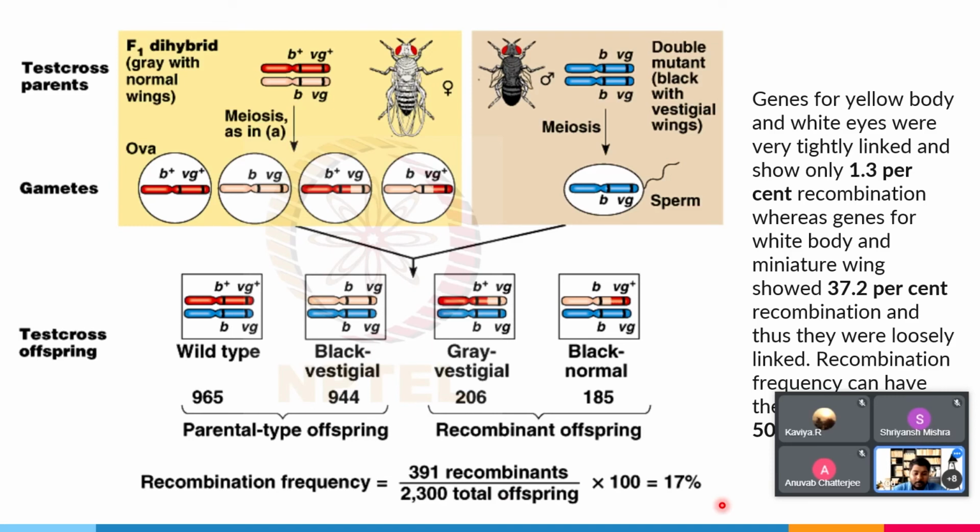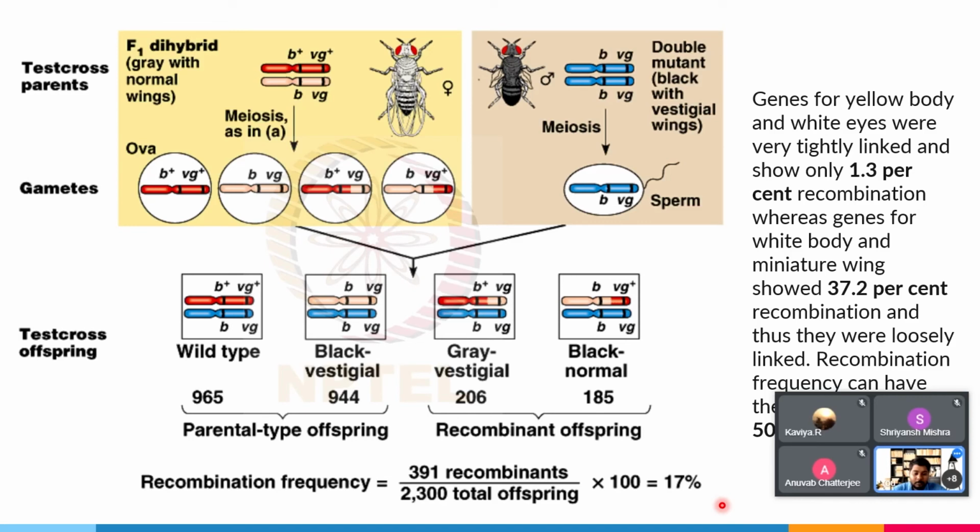What I want to impress upon you using this slide is that genes present on the same chromosome can cross over during meiosis, and thus give rise to recombinant gametes.